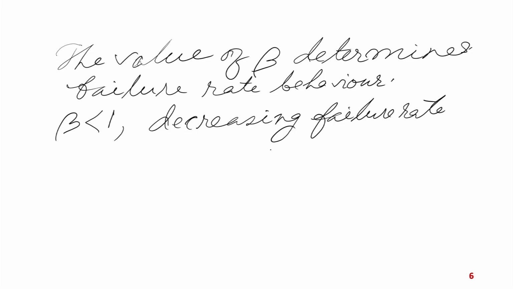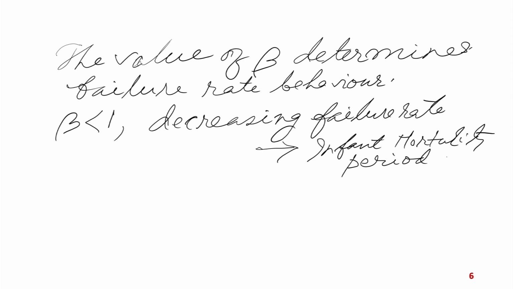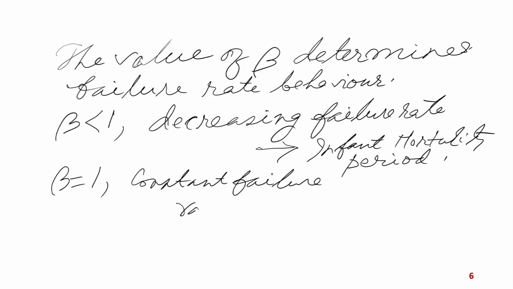What is this region? This is the infant mortality period. When beta is equal to 1, it is a constant failure rate, and this is the useful life.